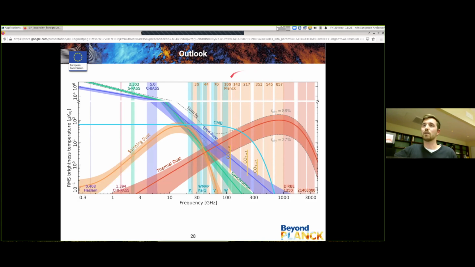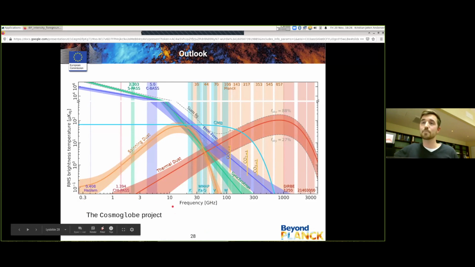But if we were able to include Planck HFI to sample the dust beta and the free component a lot better, as well as adding DIRBE to take the high end sampling of the thermal dust temperature, we can also include the C-BASS, S-PASS, and QUIJOTE data in order to better constrain the synchrotron spectral index, and hopefully also re-add the WMAP K-band in order to also better take out the spinning dust. And this entire thing is one of the main goals of the Cosmoglobe project that Ingunn will talk about later today.